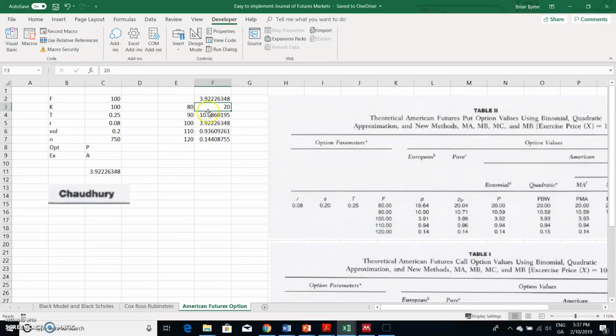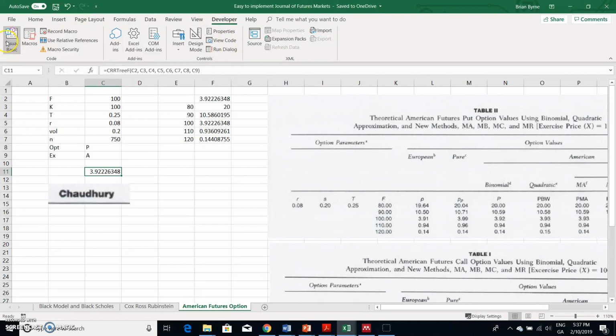Okay, so I used the data table here to run this. And in using the data table, I obtained 20, 10.58, 3.92, 0.94, 0.14 as estimates.